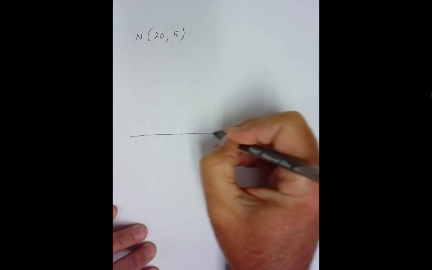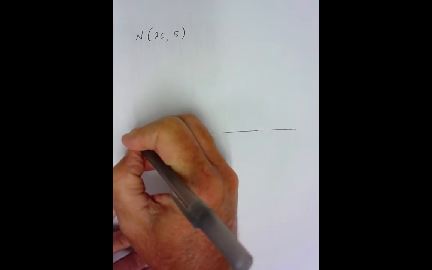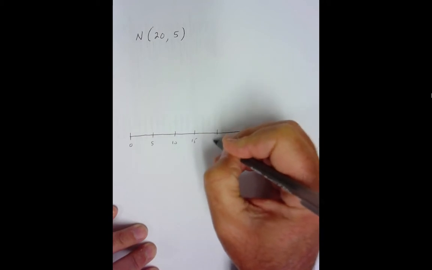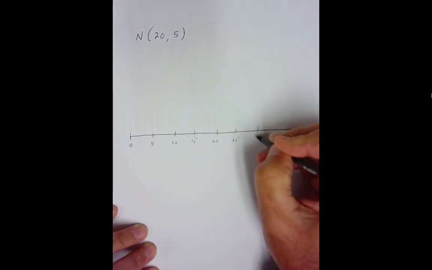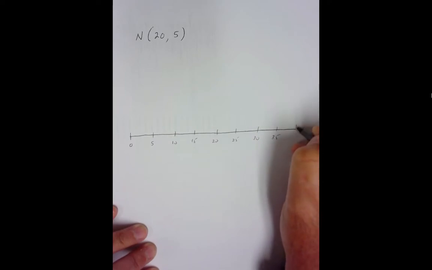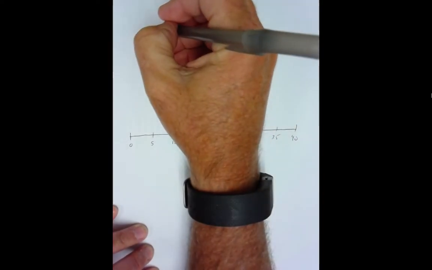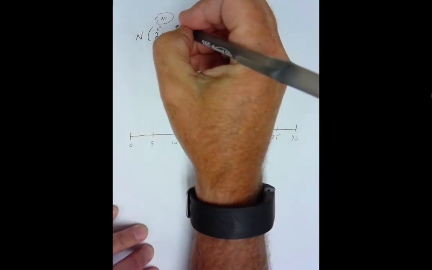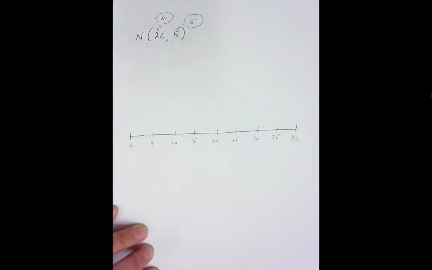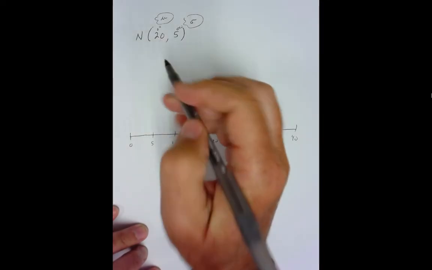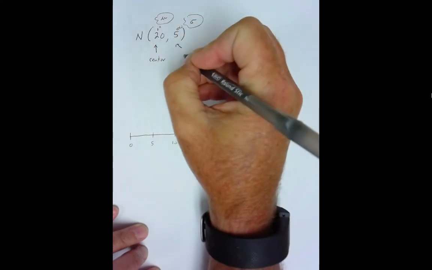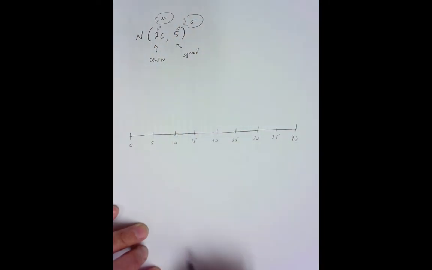What that tells me is on the number line, if I'm going from 0, 5, 10, 15, 20, 25, 30, 35, up to 40, I can think of this right here, and this tells me that I have a normal distribution with a mean of 20, and I have a standard deviation of 5. Guys, the mean is a measure of center. The standard deviation is a measure of spread.